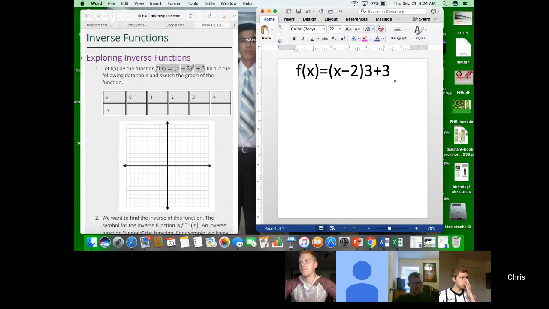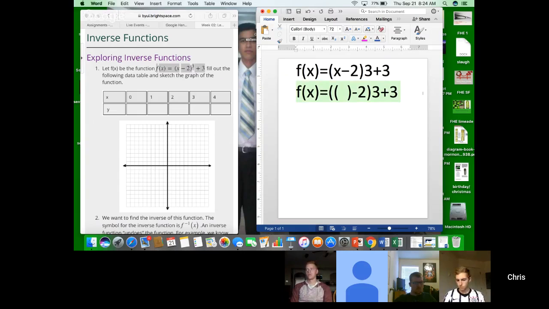So we have the points. F of x. Oops. Minus 2, cubed plus 3. We have that 5 times. That's cubed, not 3 plus 3.